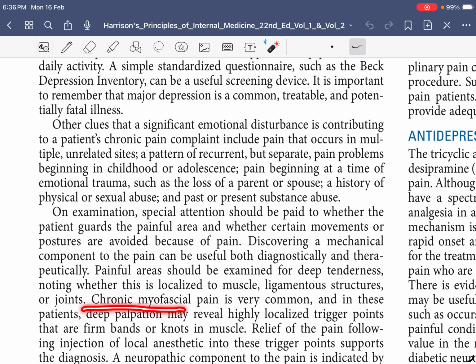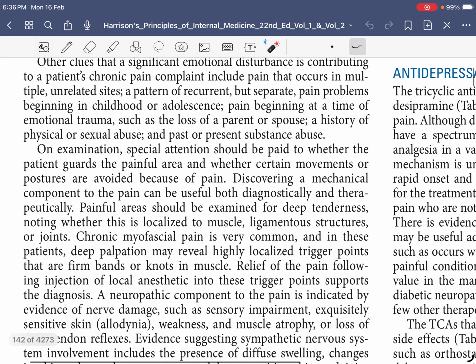Chronic myofascial pain is very common, and in these patients, deep palpation may reveal highly localized trigger point that are firm band or knots in the muscles. Relief of pain following injection of local anesthetic into these trigger points supports the diagnosis.